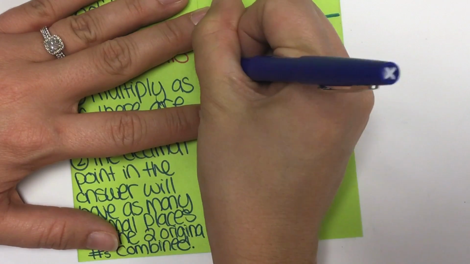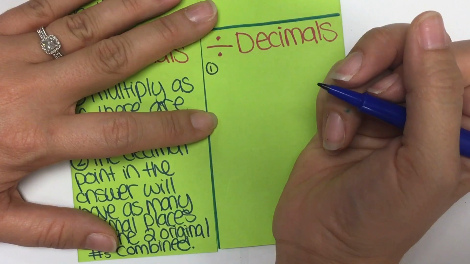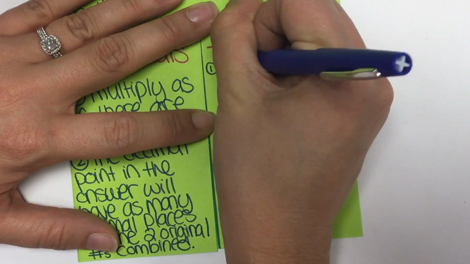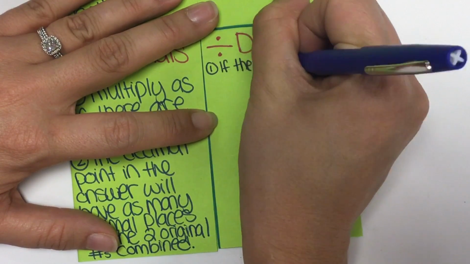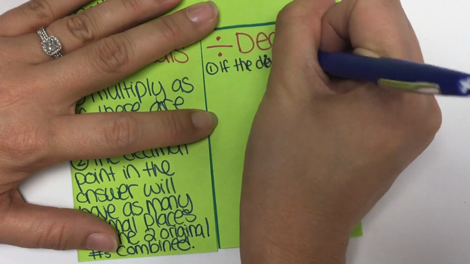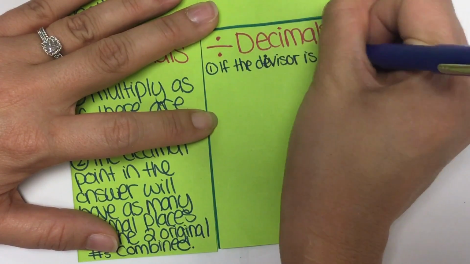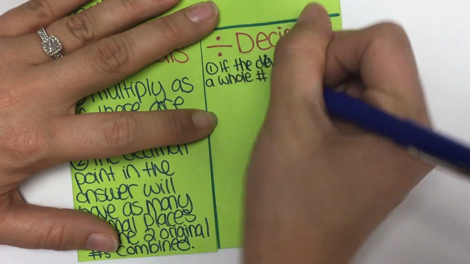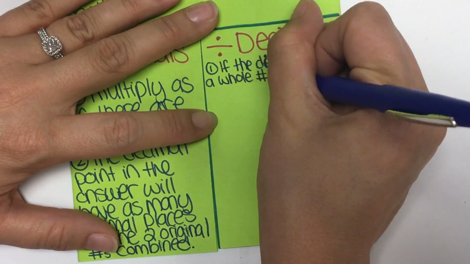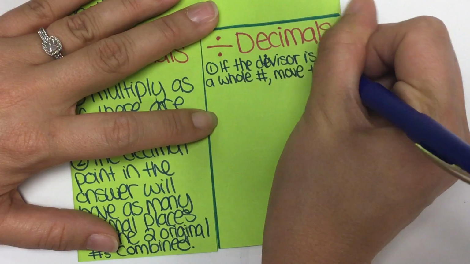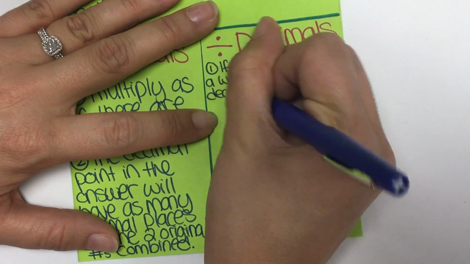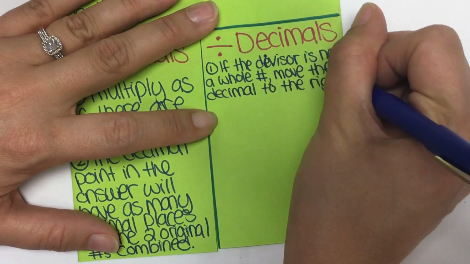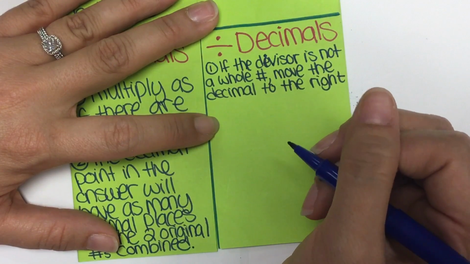Number 1, I'm going to write pretty small here. If the divisor is not a whole number, move the decimal point to the right to make it a whole number.